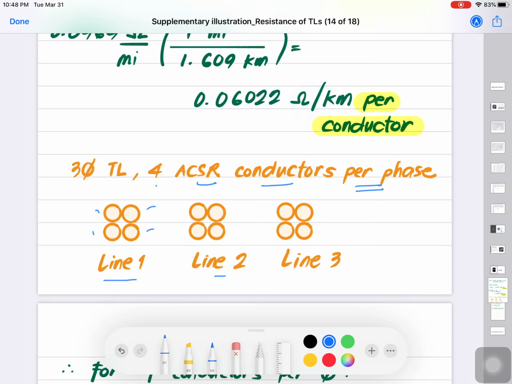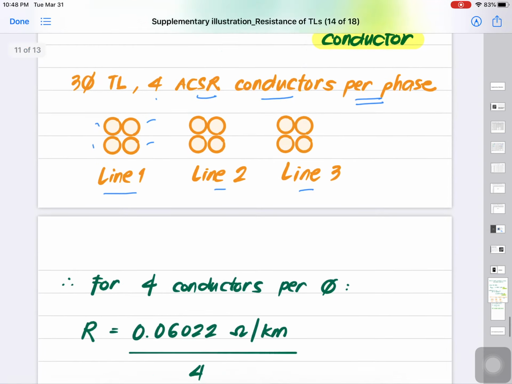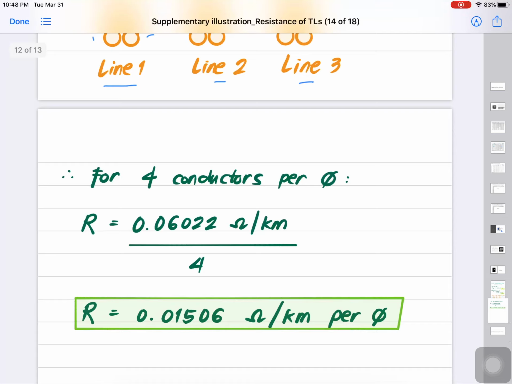Line 2, line 3. Now, ang question kasi sa atin is the resistance of the line in ohm per kilometer per phase. Okay. This might be a bit confusing, no?